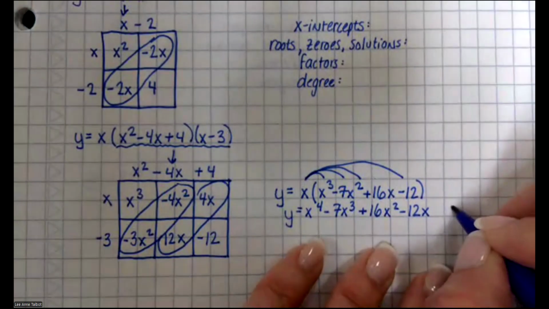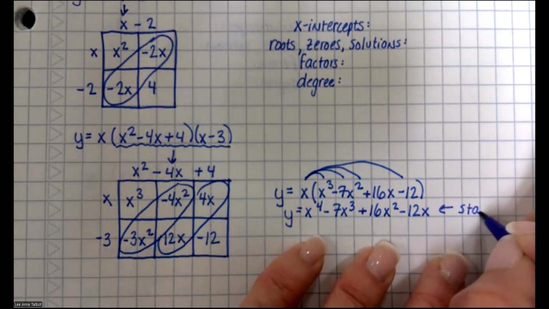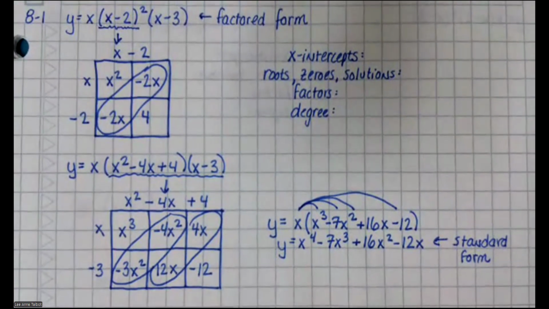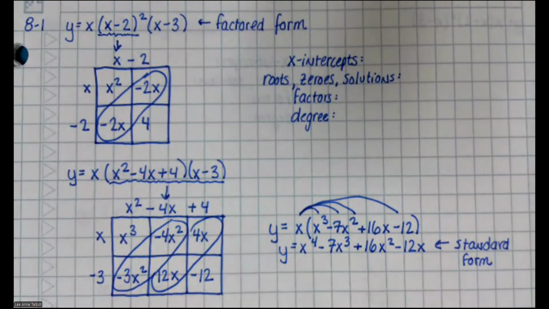And this is called standard form. What makes it standard form? You notice how the exponents go from greatest to least? So that's how you can tell it's in standard form. Or you can think of it as it's all multiplied out.